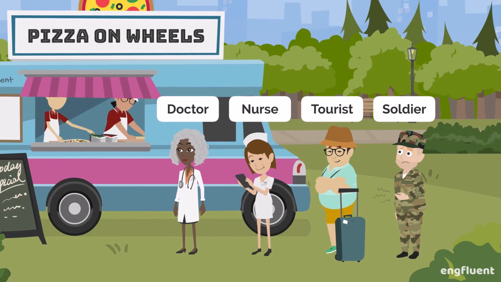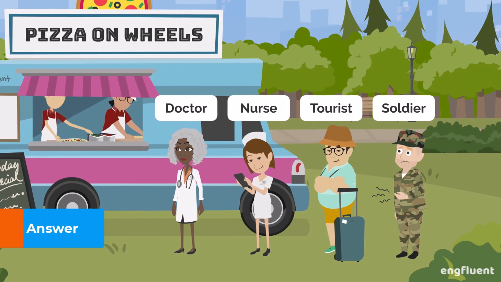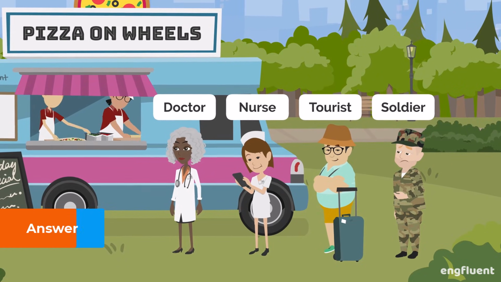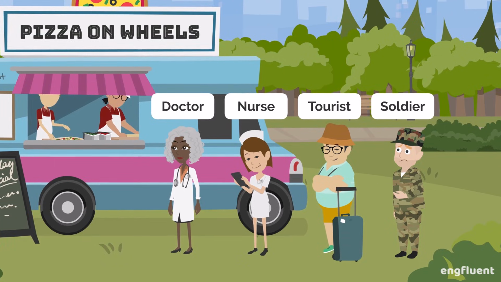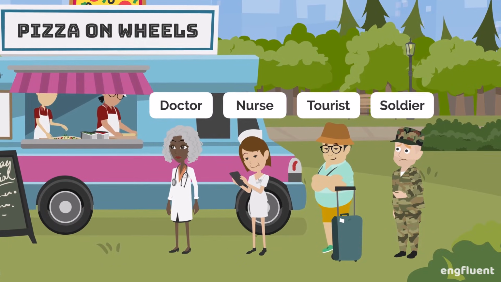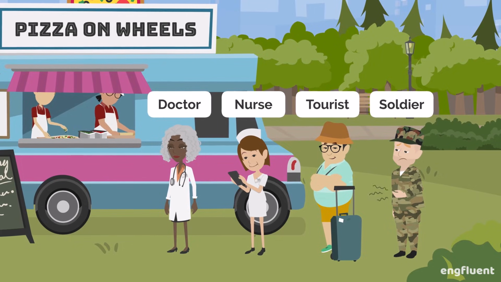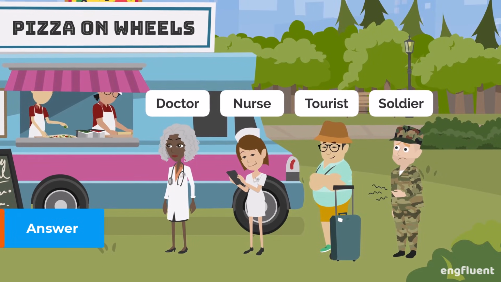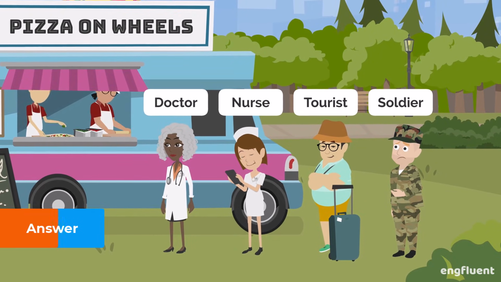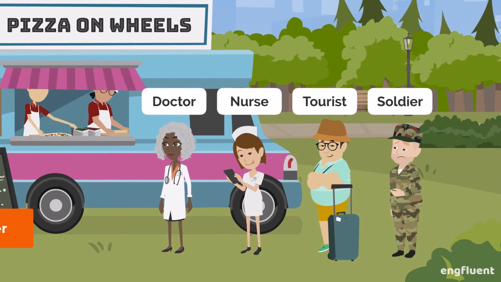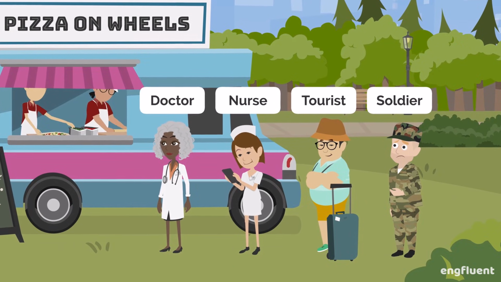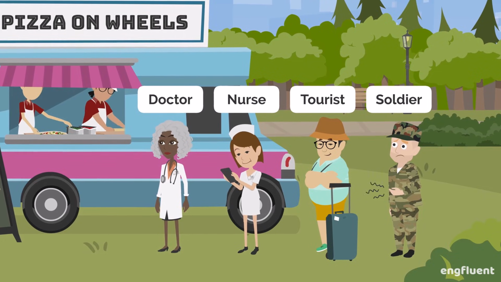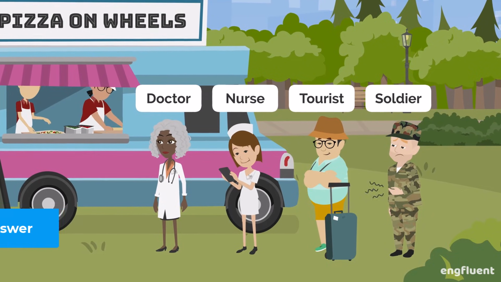Who is at the back of the line? The soldier is at the back of the line. Is the nurse behind the tourist? No, the nurse isn't behind the tourist. Who is behind the tourist?